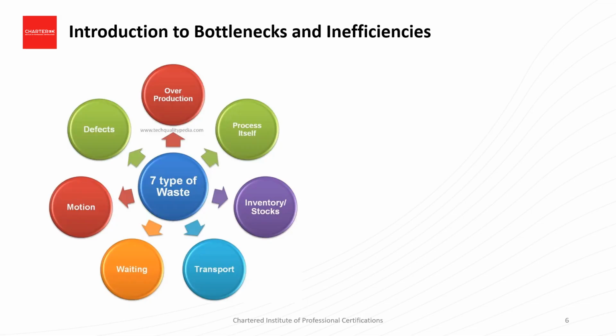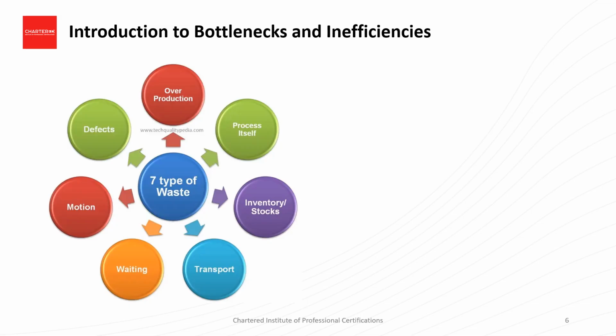They consume valuable resources, time, and effort without adding any value to the end customer. There is an acronym that is used to describe these wastes, otherwise called TIM-WOOD. It's transport, inventory, motion, waiting, overproduction, process, and defects.